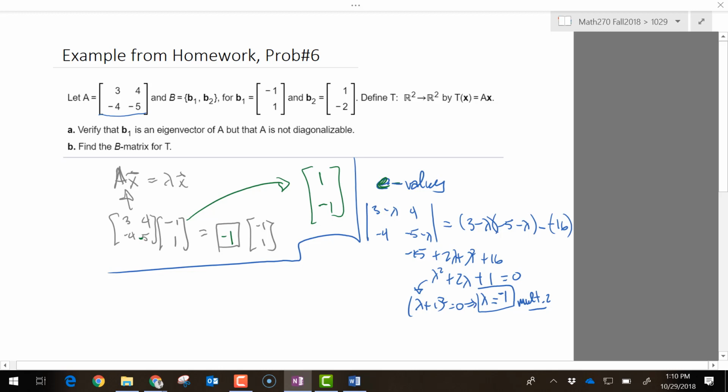And so that has multiplicity 2. We got one vector. We try to find another one, but we're not going to be able to.